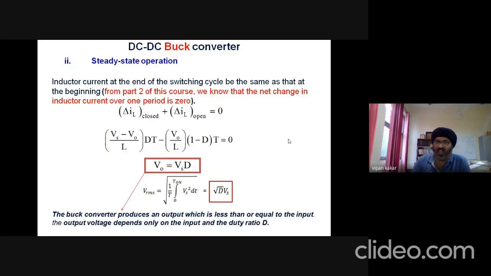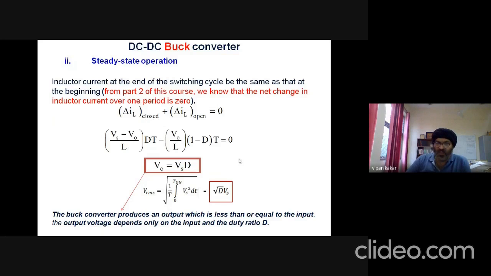So the net change is 0. When the switch was closed, whatever was stored is completely released when the switch gets open. So that's why the sum of them will be 0. Whatever is stored is released. Already discussed in part 2 of the course.